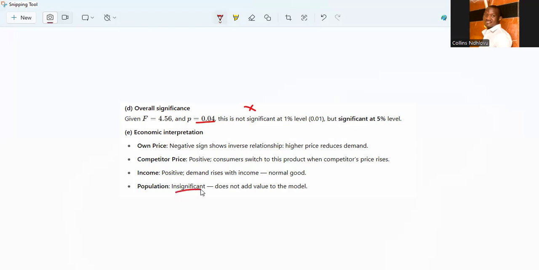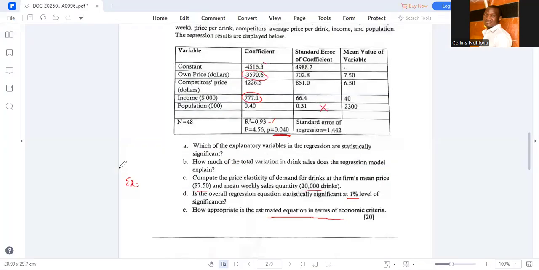We said it's one of the insignificant ones, so it doesn't add value to the model. It is not something very cardinal to consider. It is not a significant economic variable that we are yet to consider. Are we together? All right. So thank you so much for your time.